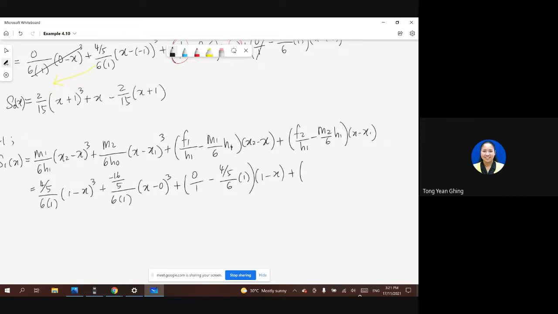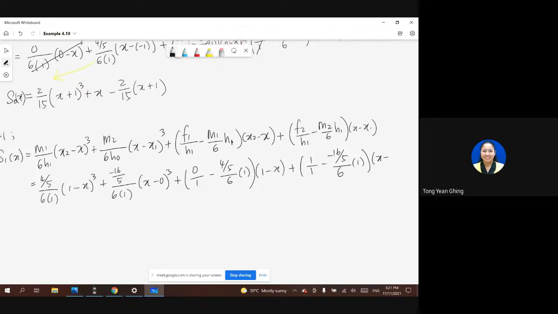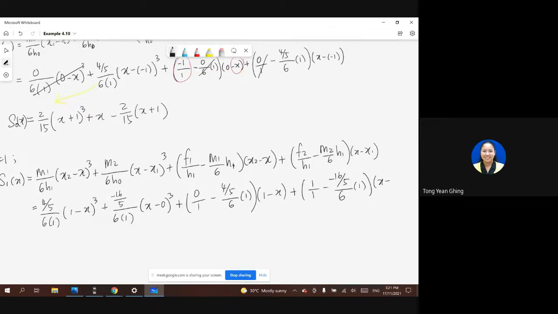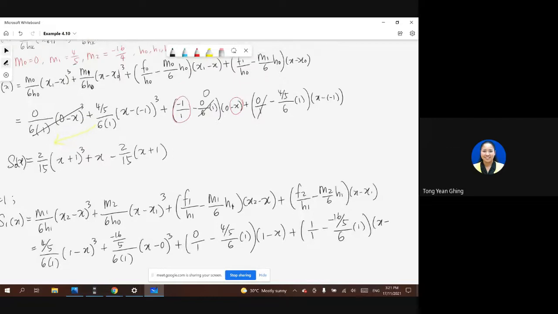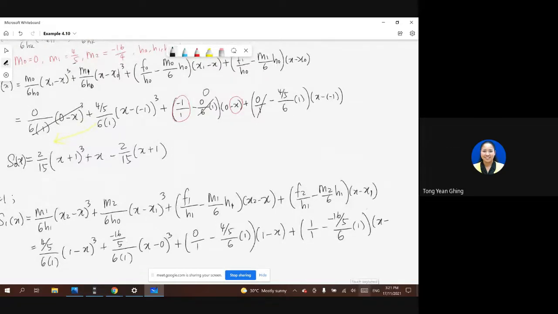F2 is 1, that's 1 over 1, minus M2, negative 16 over 5 over 6. H1 is 1. X minus X. What is this? What did I write? X1. Not 1. X1 is 0. So it becomes like this.